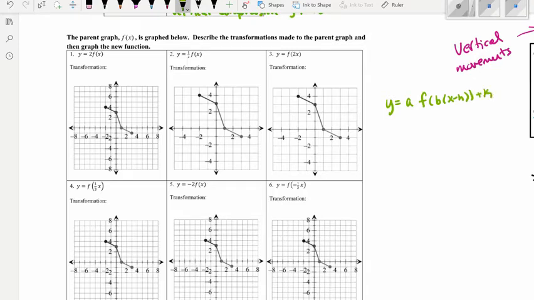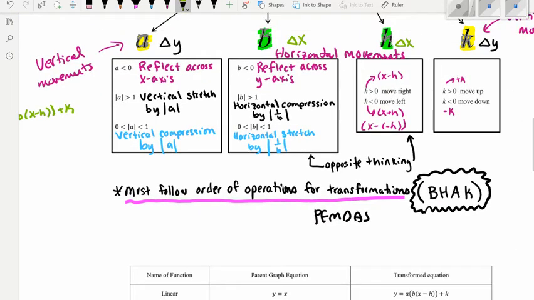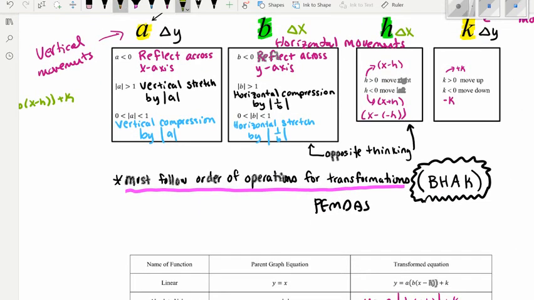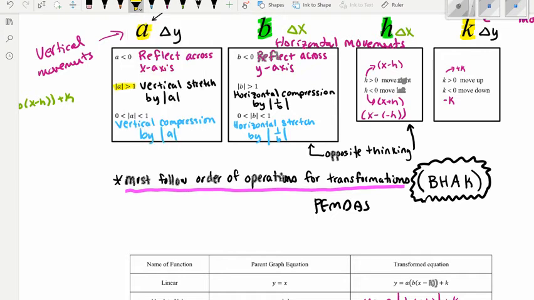So for this, notice the a value is on the outside. So that means that this is an a value of 2. And so when it's an a value of 2, that, remember, is going to be a vertical stretch by 2. And if you need to use your table to help you, when your a value is bigger than 1, you can see right here, when a is greater than 1, it's a vertical stretch by that value.